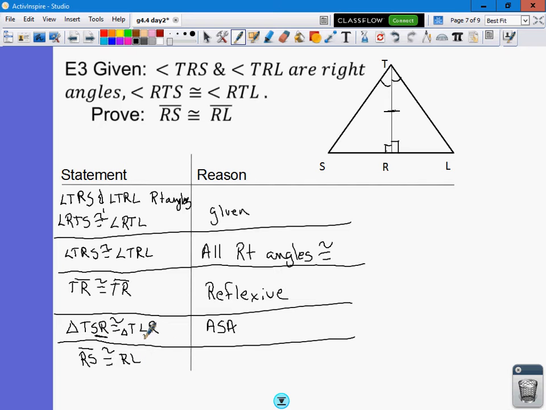And notice that RS and RL are in the same place. So they are congruent by CPCTC. Everybody okay with example 3?